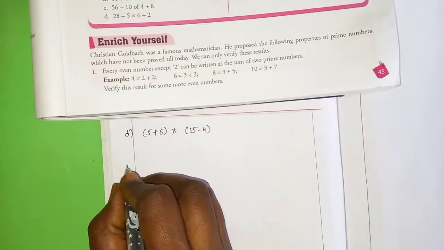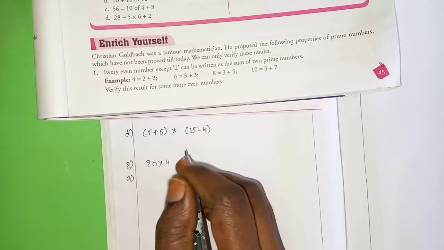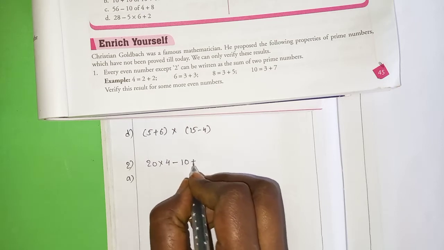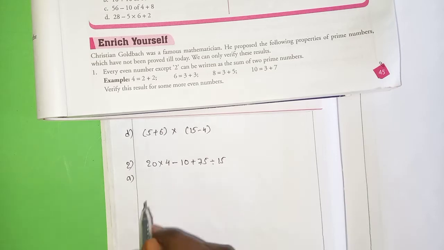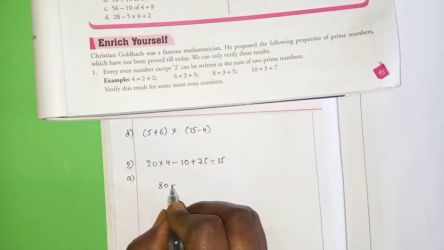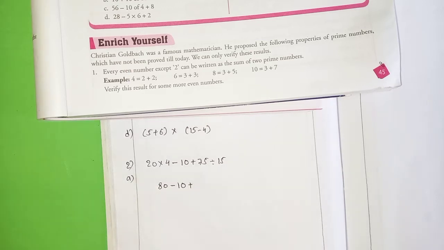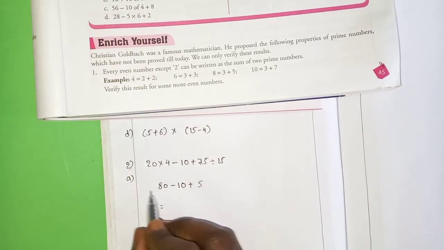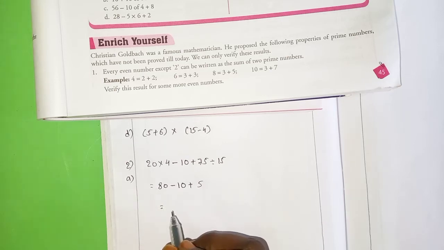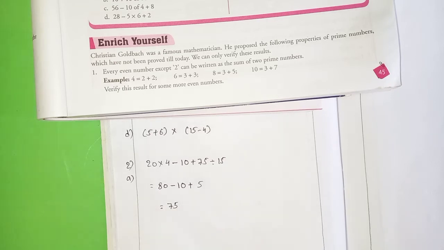Right? 20 into 4 minus 10 plus 75 divided by 15. 20 into 4 is 80, minus 10 plus 75 divided by 15. 15 5s are 75, no? So 5. Now 80 minus 10, 70. 70 plus 5, 75. Okay.